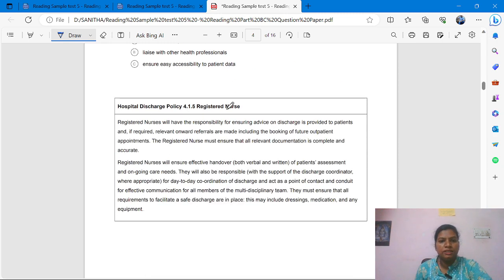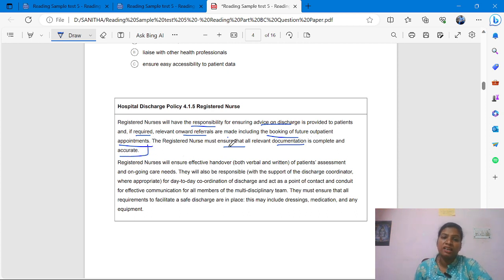Hospital discharge policy, registered nurse. The registered nurse will have the responsibility for ensuring advice on discharge is provided to patients and, if required, relevant outward referrals are made, including the booking of future outpatient appointments. The registered nurse must ensure that all relevant documentation is complete and accurate.